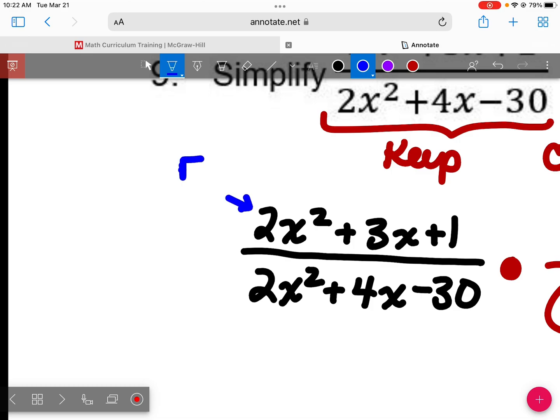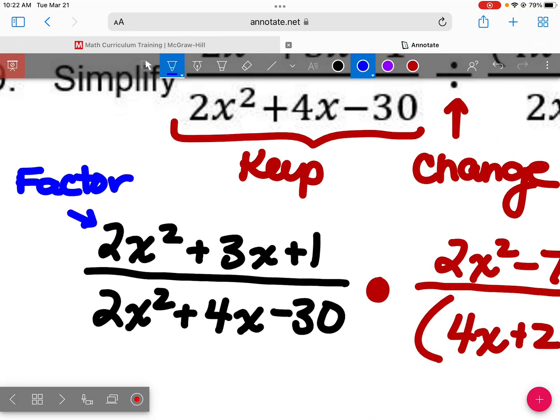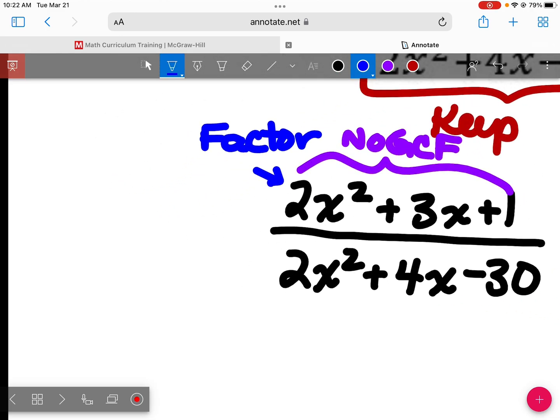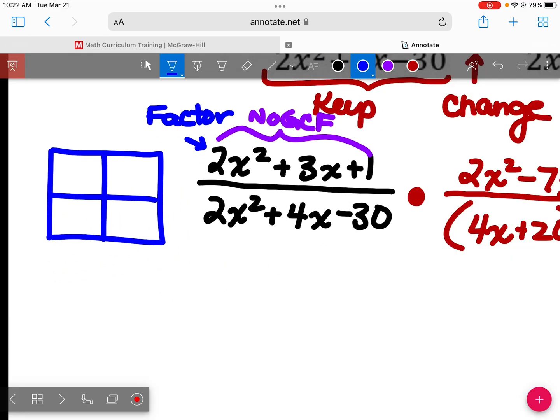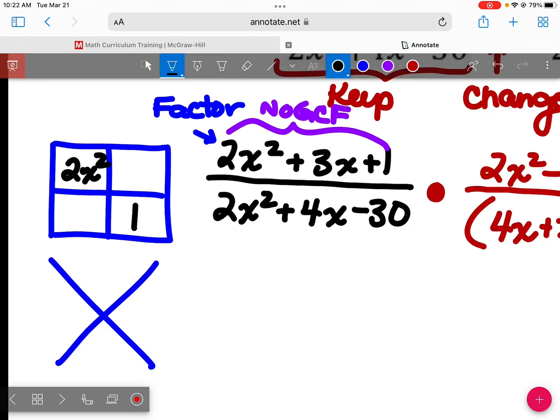So we're going to factor the numerator of this first fraction. Does it have a GCF? No GCF here. So I need to do my area model and my x for the numerator. 2x squared here, 1 here.